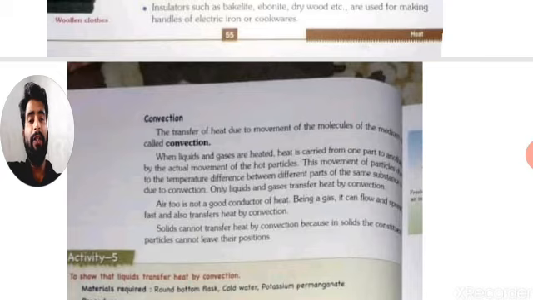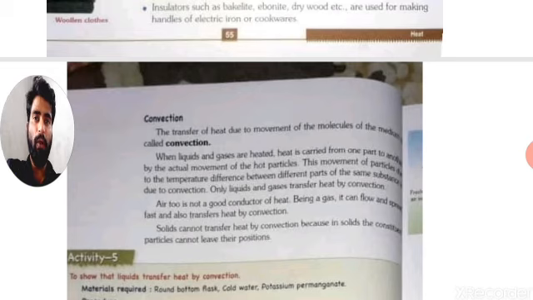Okay, convection current. Then we'll see what a convection current is. The air near the source of heat gets warm and rises up. This leaves a gap which is filled by cold air.